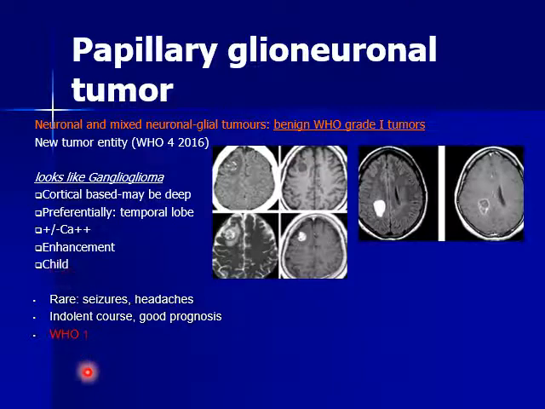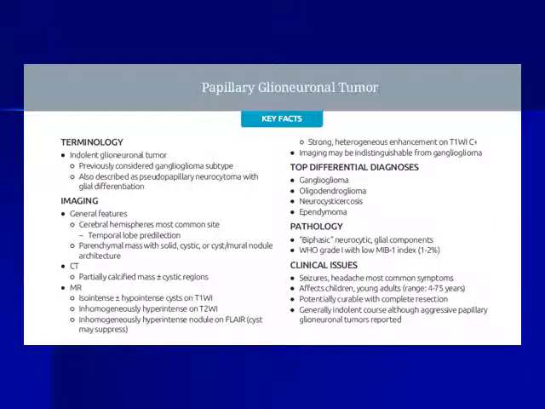It is WHO grade 1, a recently described tumor called papillary glioneural tumor. Okay, it more or less simulates ganglioglioma. This is the summary of the papillary glioneural tumor, and as we have described, it is a newly described tumor in the WHO 2016.